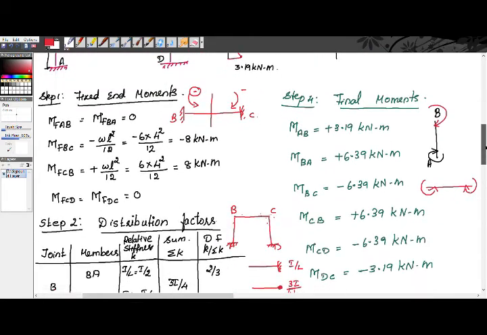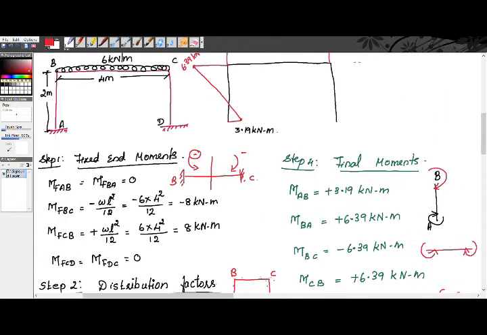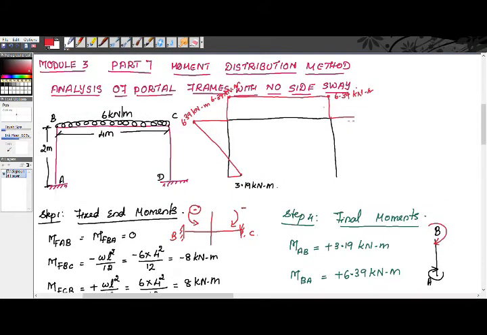Now, for the span CD, you see, this is C and this is D. Anti-clockwise pointing towards the right. Again anti-clockwise, towards the left. So first it is pointing towards the right, 6.39 kilonewton meter.